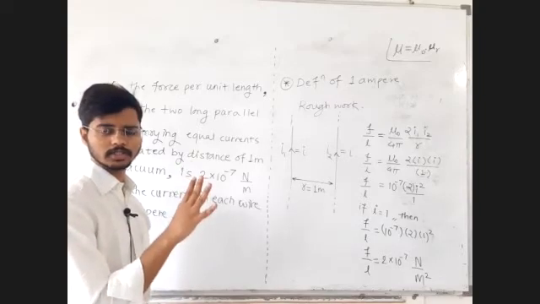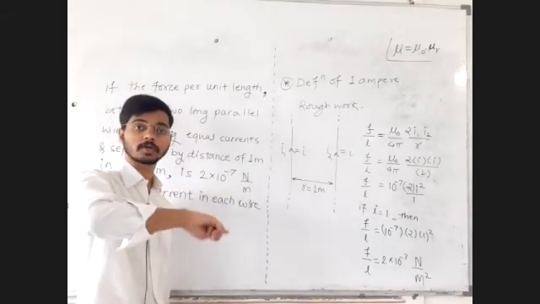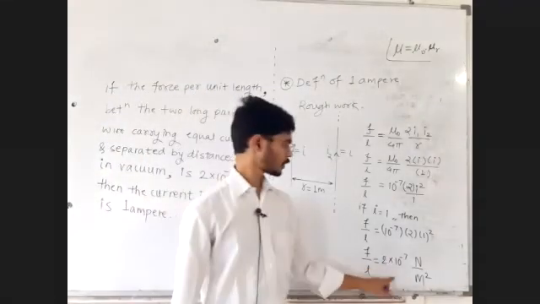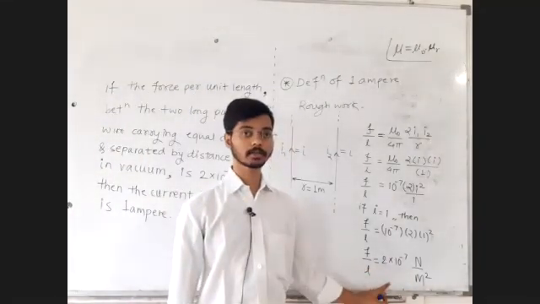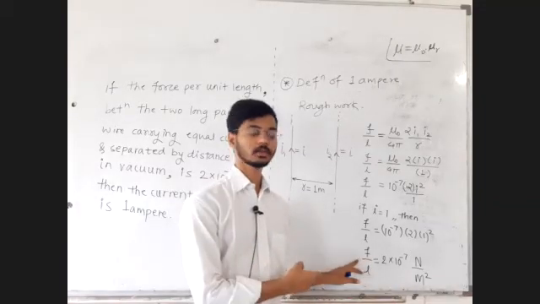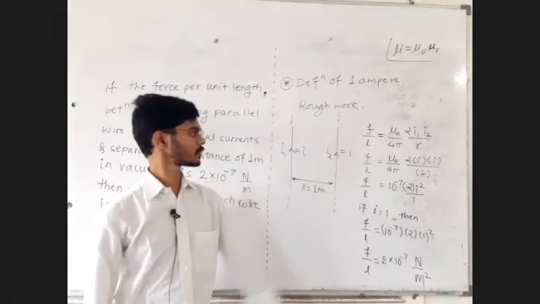For these conditions, if the force per unit length is 2 into 10 raised to -7, remember this number, then the current must be equal to 1 ampere. In that case the current is 1 ampere.